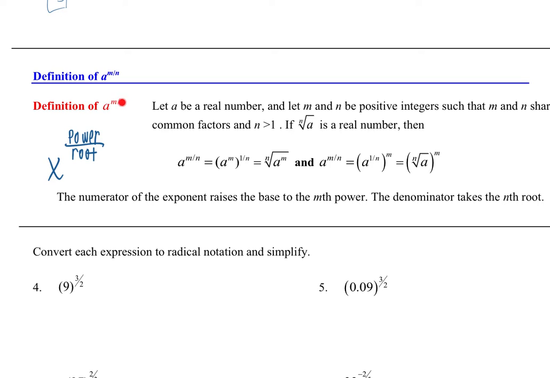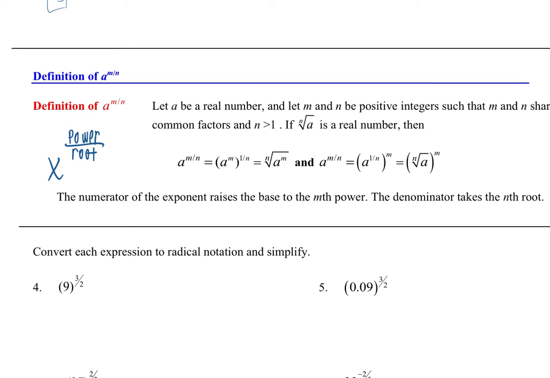A to the m over n is going to end up being the nth root of a to the m power, and you can see that right here. And so you can write that as n roots of a to the mth, or you can write that as the nth root of a to the m. They're one and the same. It doesn't matter the order.